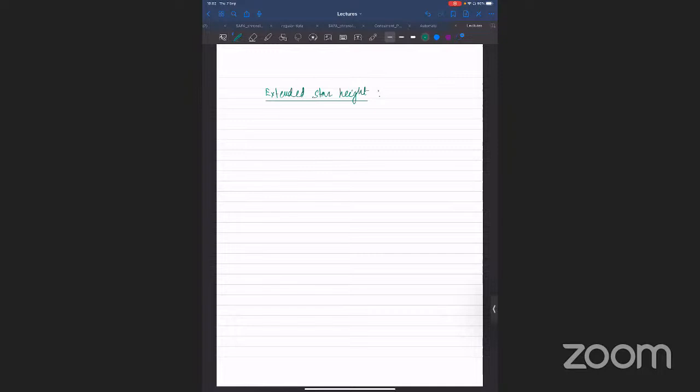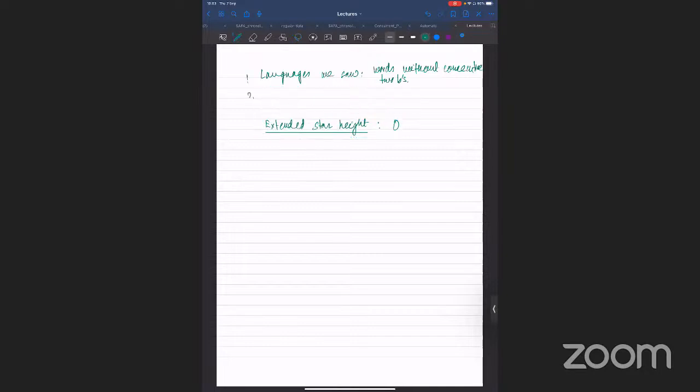So far, the languages we saw, like words without two consecutive Bs, and then sigma star and sigma plus, how much extended star height do they have? Zero, right? All of them have extended star height of 0. Correct?